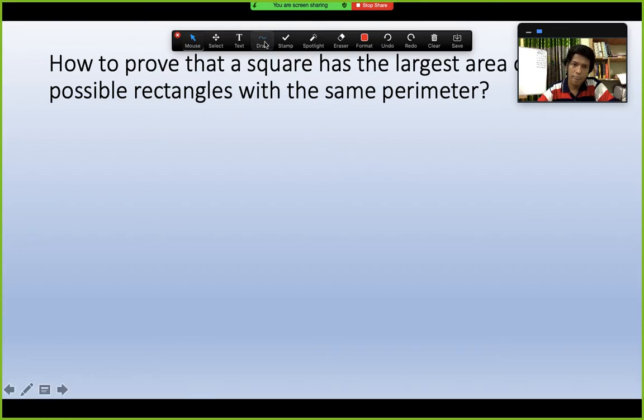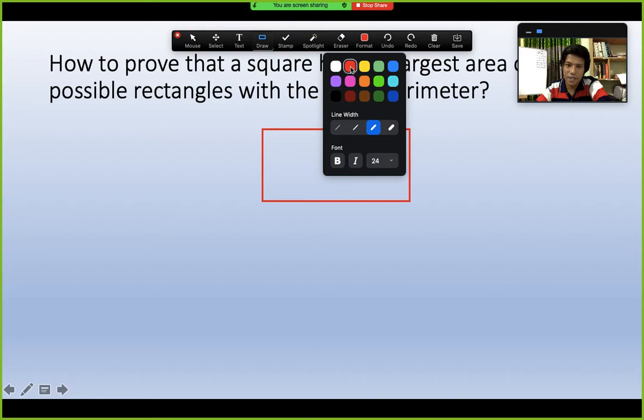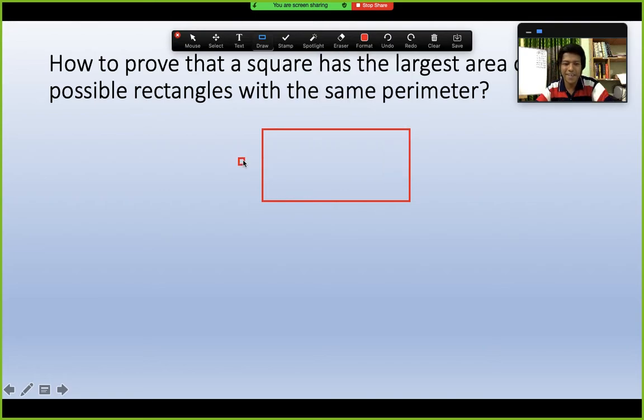Now think about a math where the perimeter is given. Let's draw one rectangle here. Suppose this is a rectangle where this side is 2 and this side is 2.